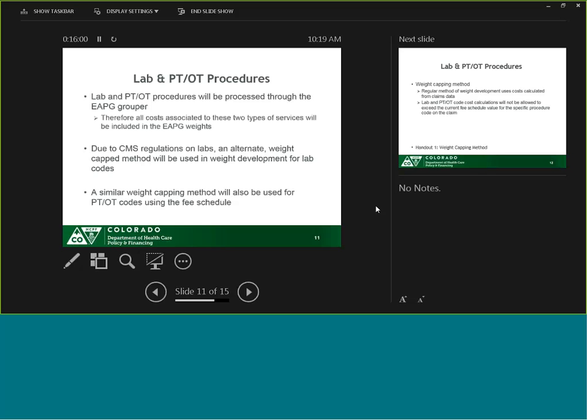I'll be going through in the next slide a little bit of detail, and I'll also have another example, and that's handout 1. We'll walk through that and see how that actually plays out in the effects of weight development. The weight capping will also be done for PTOT, mainly because it was previously fee scheduled, and we want to try and stick to that as closely as possible so that things don't get too far out of whack or anything.